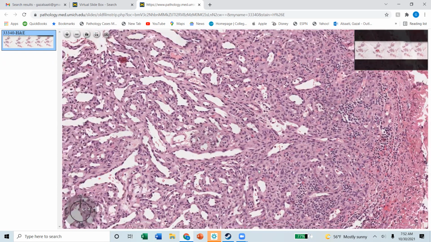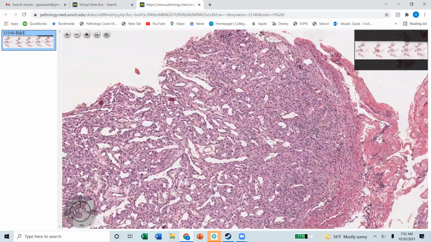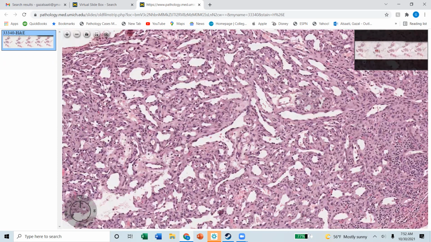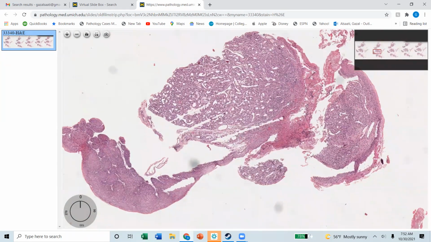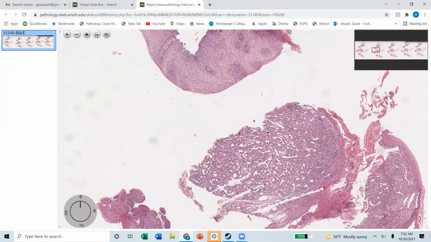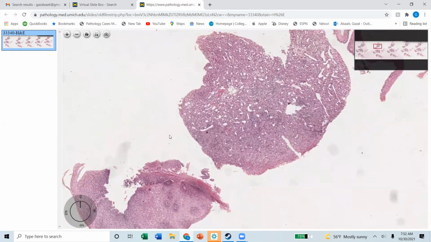I'm not the most expert in soft tissue, but I would definitely show it around and make sure that those nuclei are not too plumped to call it anything. But what I'm seeing here is that it's well circumscribed, if you can see, it has almost like a nodular look to it.